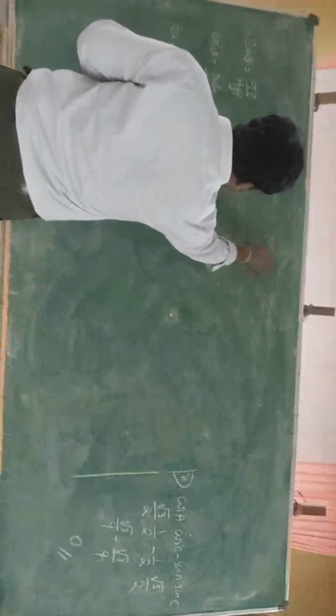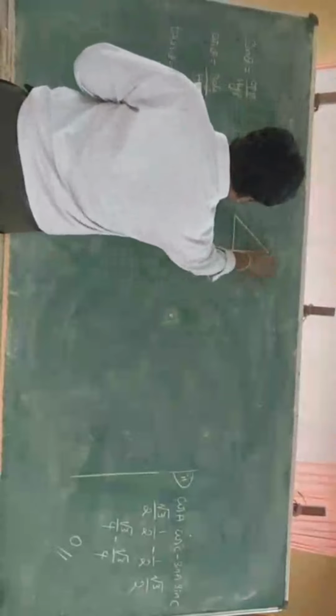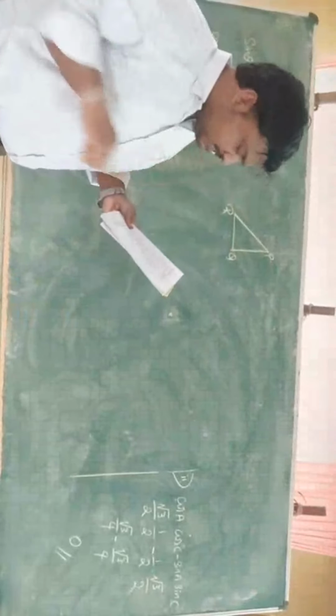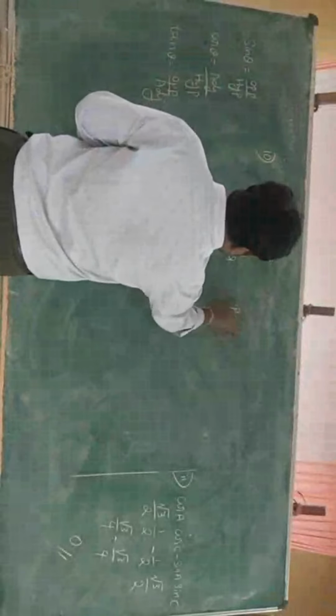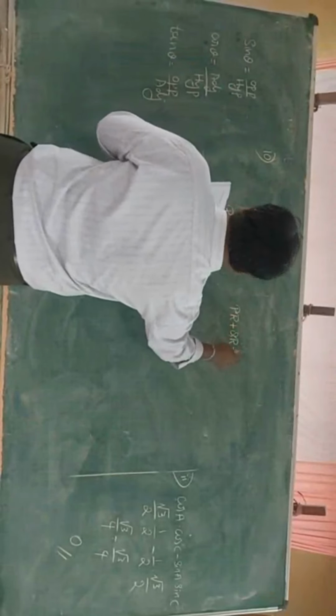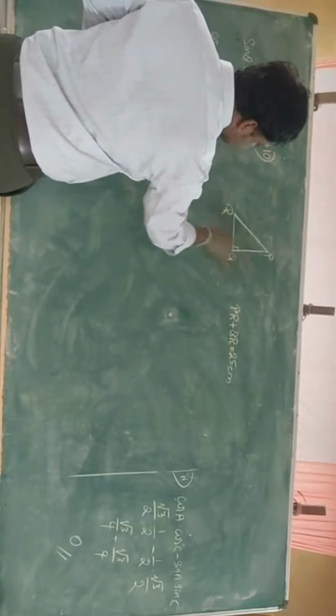So let us draw the triangle. This triangle is right angled at Q. This is P, this is Q and this is R. So what is given? Given in the question, PR plus QR is equal to 25 centimeter. Where is PR? PR is hypotenuse, correct?